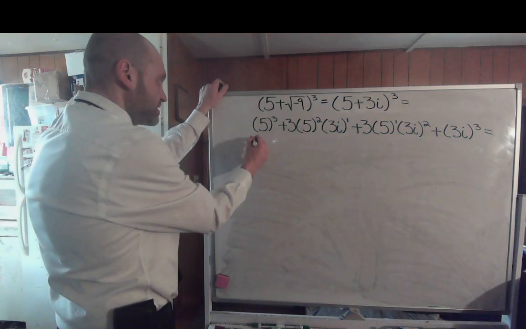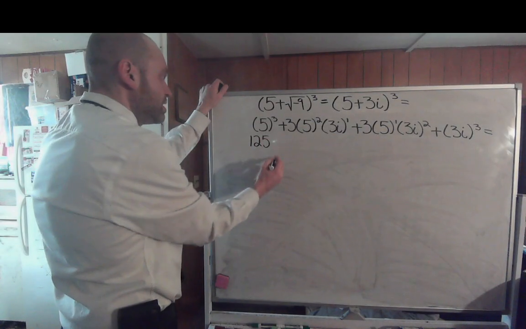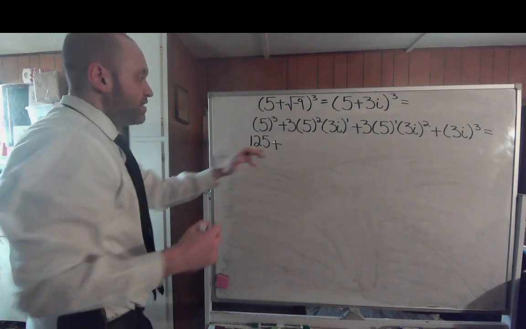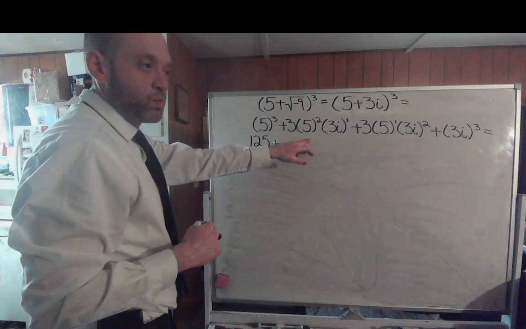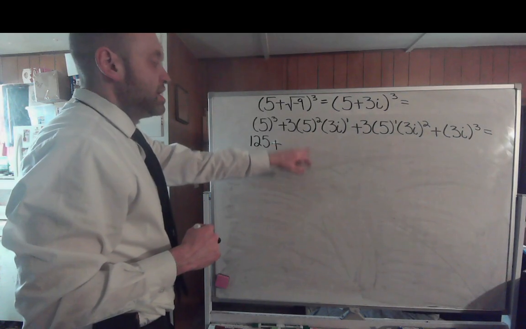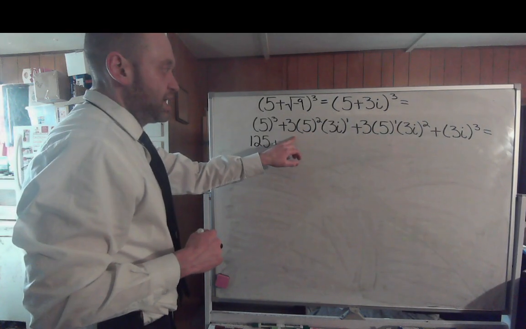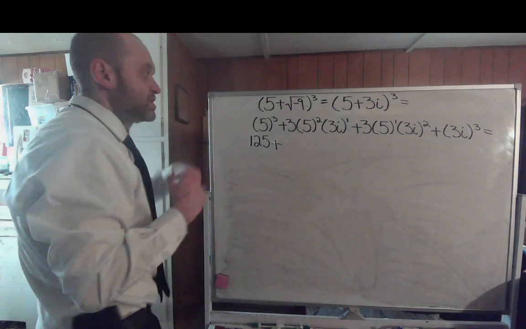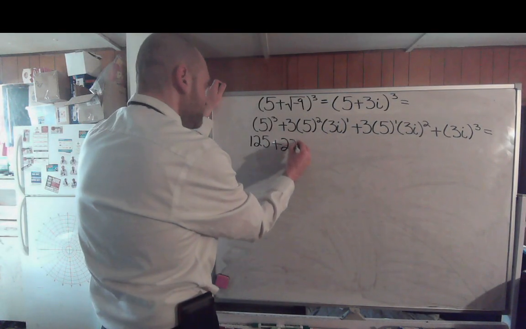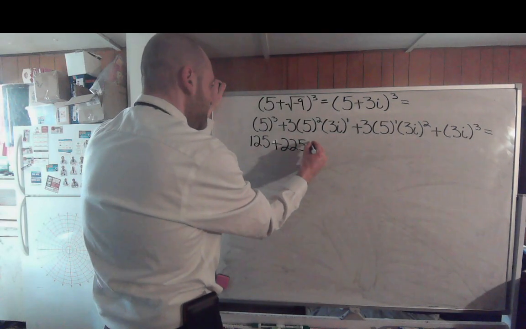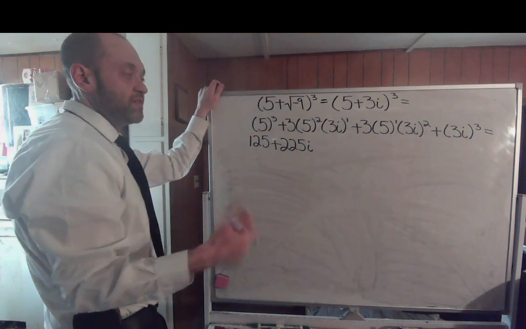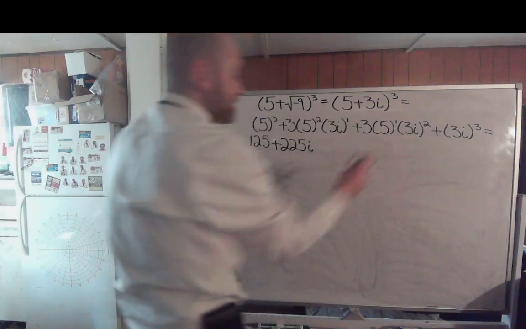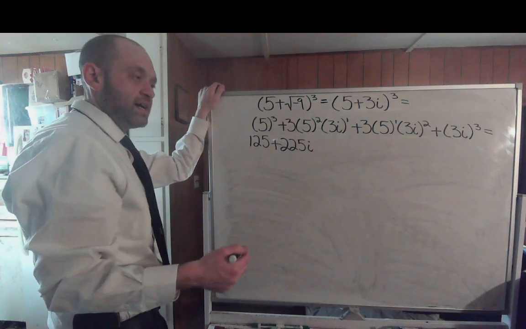So let's simplify this. 5 to the third is 125. Plus now we have 3 times 5 squared, okay? So what is 5 squared? That's 25. Times 3 is 75. Times 3 is 225, so that would be plus 225i. Now 3 times 5 is going to be 15 times 3i squared, which would be 9i squared.